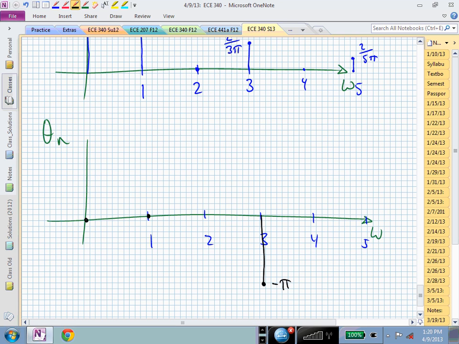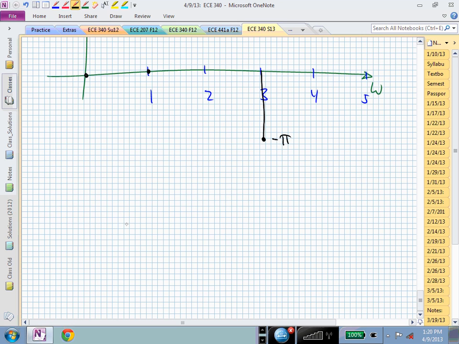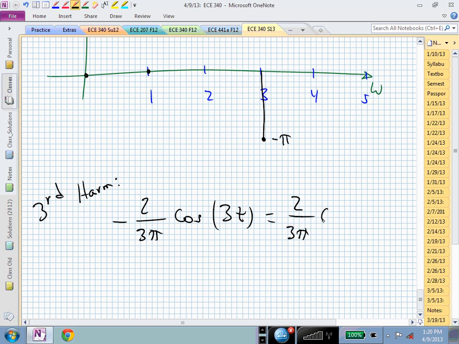No? So what we're doing is we're saying we had a term that was minus 2 over 3 pi cosine of 3t. That was our third harmonic. What we want to do is write that as 2 over 3 pi cosine of 3t minus pi. And again, we're simply using the fact that cosine of a minus b is cosine a cosine b plus sine a sine b.